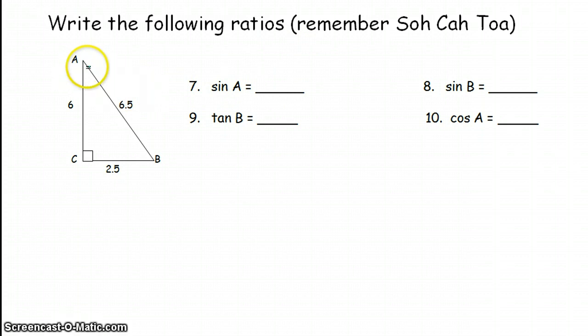The sine of A, so we're going to go opposite, 2.5 over hypotenuse of 6.5. So sine of A is 2.5 over 6.5. The sine of B, opposite of B is 6 over the hypotenuse of 6.5.